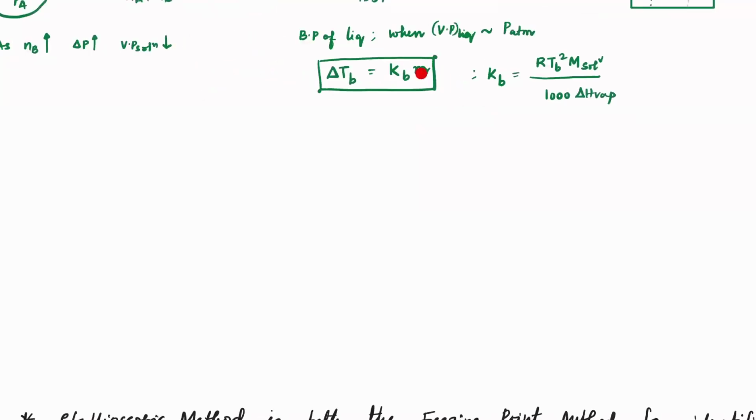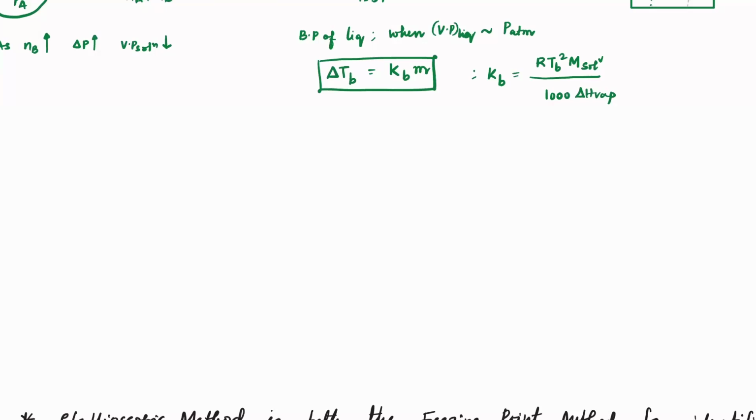Suppose I have some unknown non-volatile solute with me. Imagine some kind of stone, which during maybe a meteor shower or some cosmic landing, some kind of stone or space material has crashed on Earth.